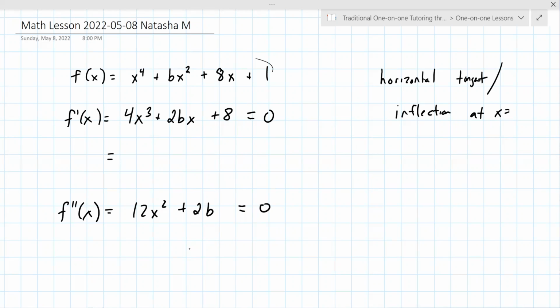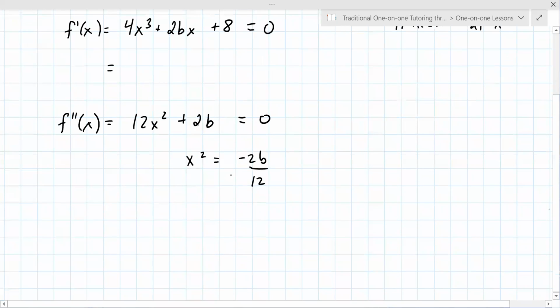So x squared equals minus 2b over 12. You can see the problem here: for this to work, x has to be plus or minus the square root of minus b over 6. So b has to be less than 0.